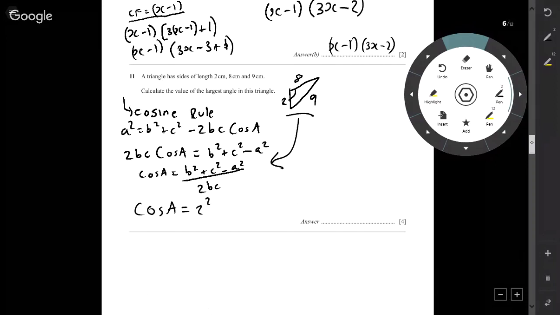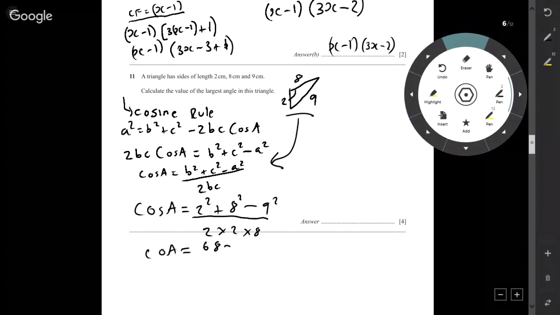Let's just put B as 2 and C is 8 squared, minus A. A is the opposite of the angle A, so that must be minus 9 squared, over 2 times 2 times 8.